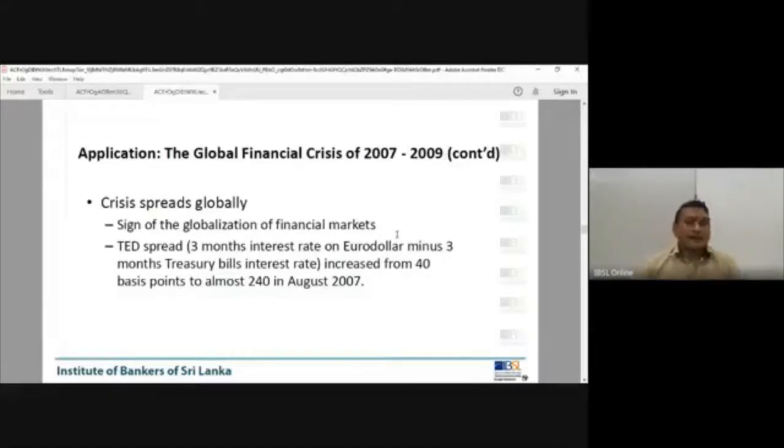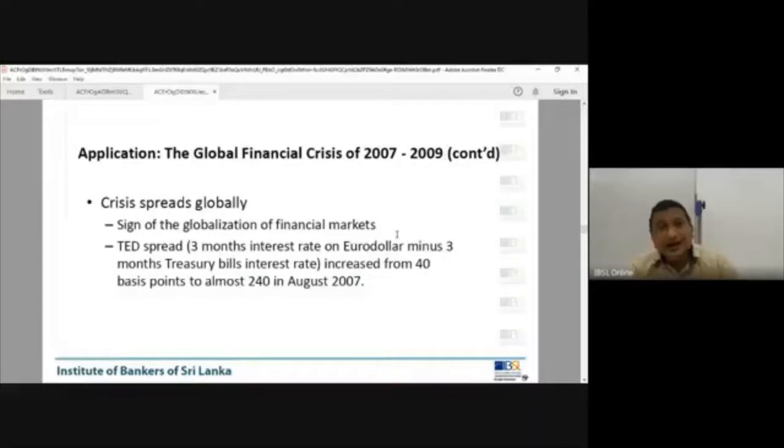The TED spread is the kind of borrowing in US dollars within the US versus outside the US. So eurodollar rates, 3-month US dollar financing outside the US, were based on the TED spread that we are talking about here. That is the price you are paying for borrowing outside the US, which is 6 times expanded during this period in August, when the market started showing signs of collapse and the bubble in the housing market started bursting.